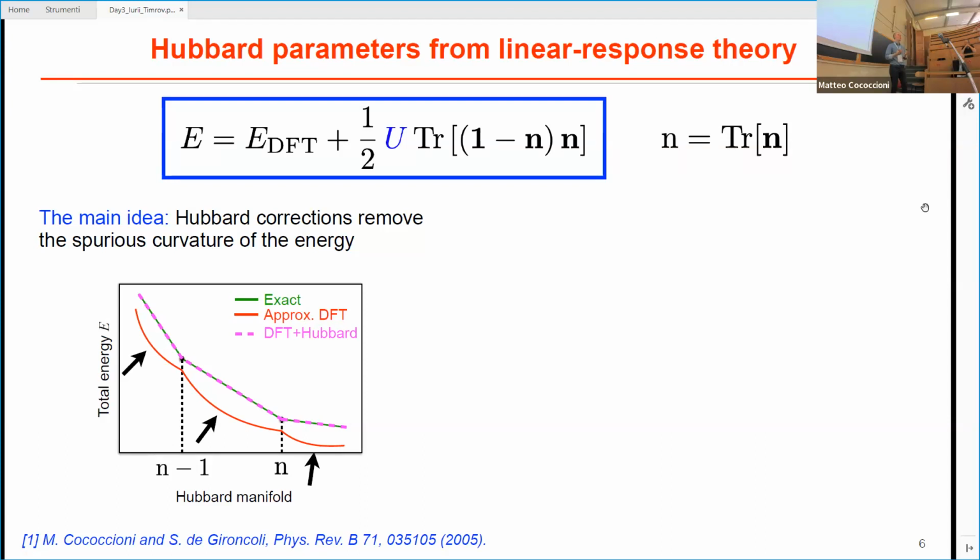The most popular one is called fully localized limit, and the second is around mean field. Fully localized limit is adapted for opening a gap in Mott-Hubbard insulators or charge-transfer insulators, while around mean field was developed for truly metallic systems. So here we're using the fully localized limit in Quantum ESPRESSO.